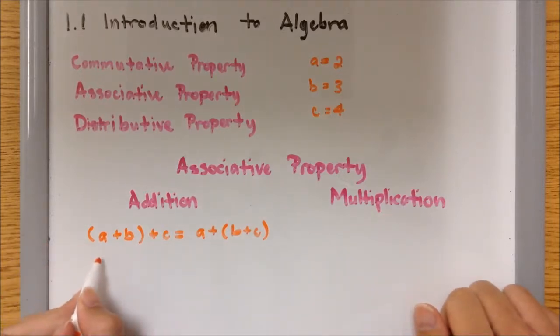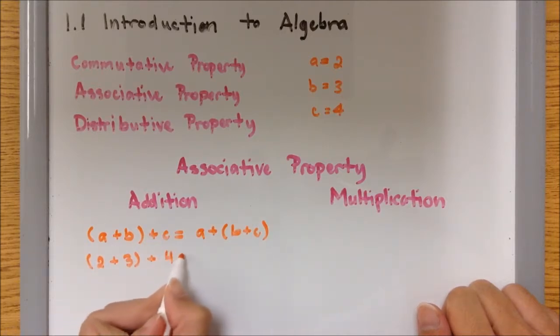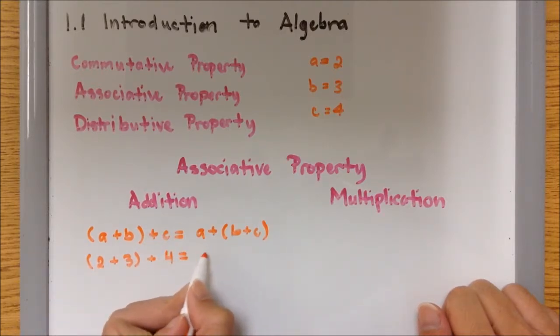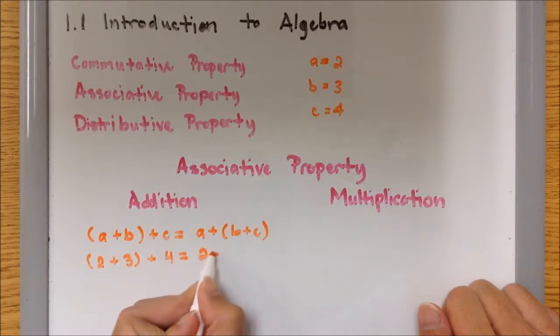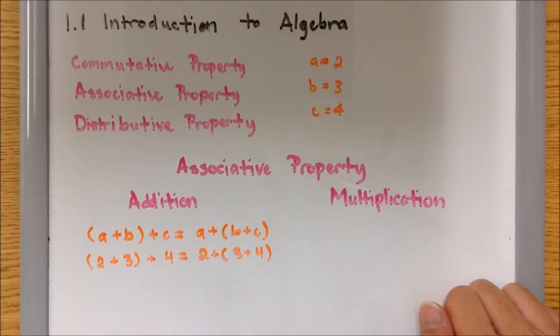So 2 plus 3 in parentheses, and then plus 4. And then on the right side, 2 plus parentheses 3 plus 4. So we're going to work out the parentheses first. So 2 plus 3, that's 5. I bring down the plus 4.